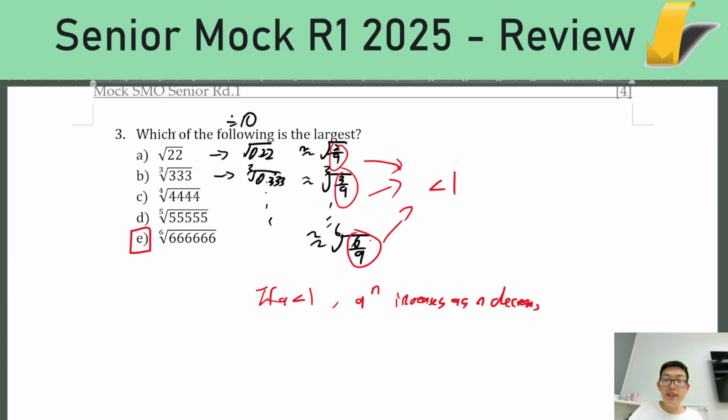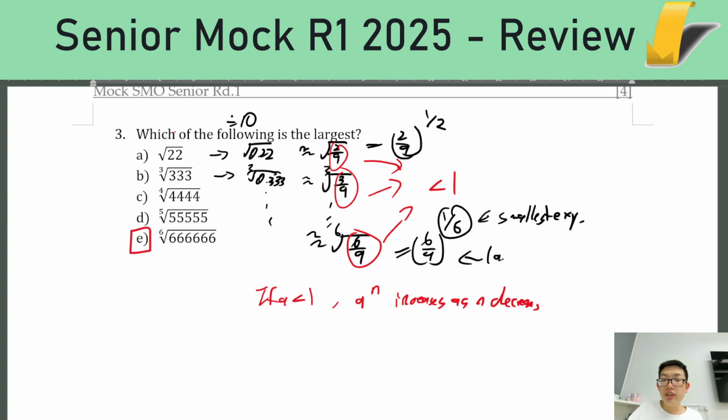So which means that because it's less than 1, these exponents, you get the smallest exponent, which is good, and you get the largest base, which is also good. So you have the largest base and the smallest exponent. That gives you the largest thing when all of these bases are still less than 1. So that's the reason why we can be sure that option E is correct without having to do any side-by-side comparisons. Of course, you could estimate each of these to the nearest integer because that's not too hard. However, I think this is certainly a bit faster.